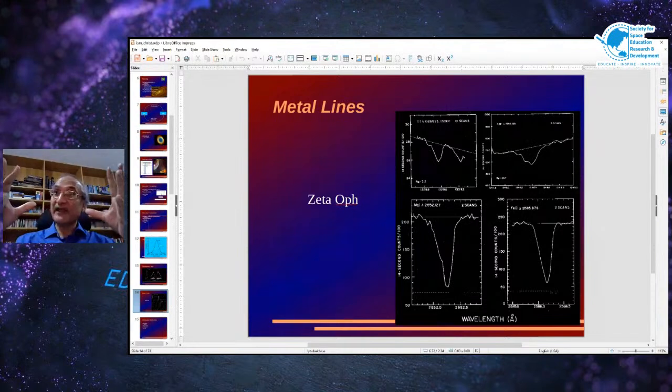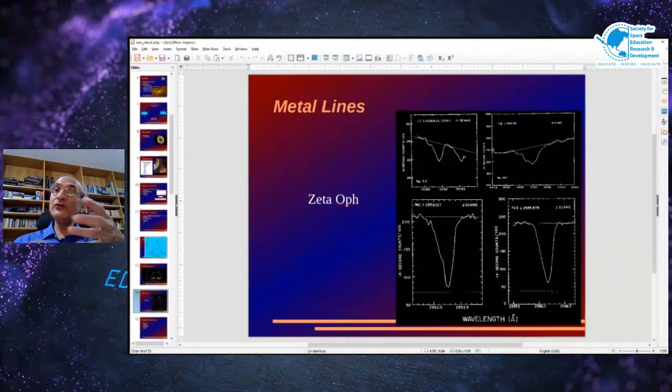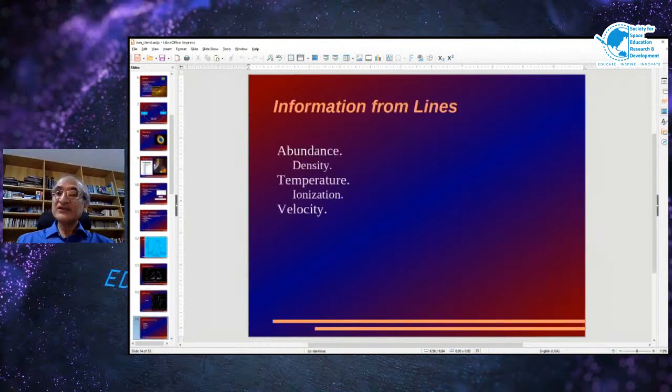And then based on the width of the line, if the carbon is very hot, then it's moving very fast, so the line will be broader. So based on the breadth of the line, you can say how hot it is. Based on the depth, you can say how much of it there is. And depending on the redshift of the line, you can say whether the interstellar gas is coming towards us or away from us. So you can see that from these interstellar absorption lines, you can see how much of the gas there is, how hot it is, and how fast it's moving towards us or away from us.